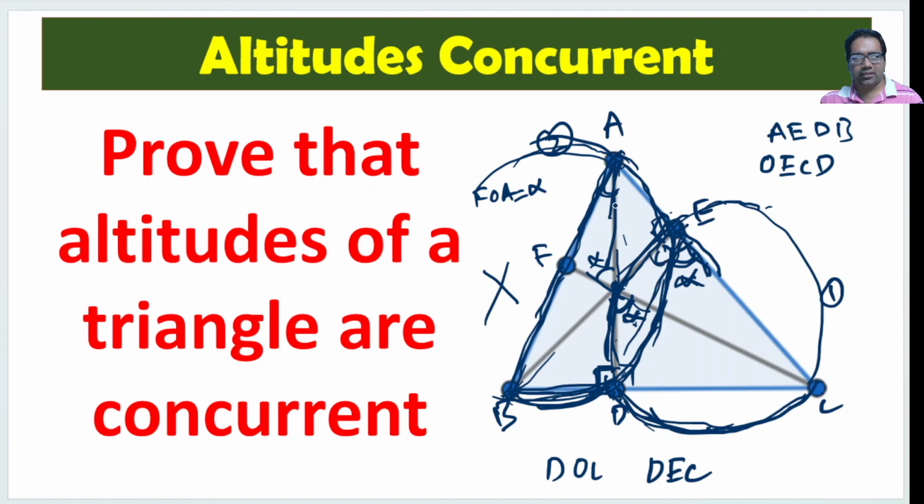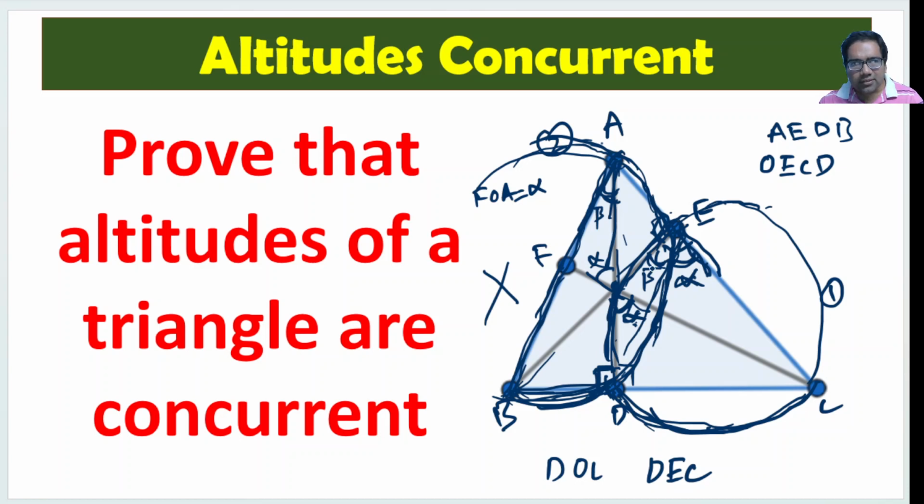BED and BAD, both are on the circumference. If this is beta, this also should be equal to beta because both are made by the same arc and on the same circumference.